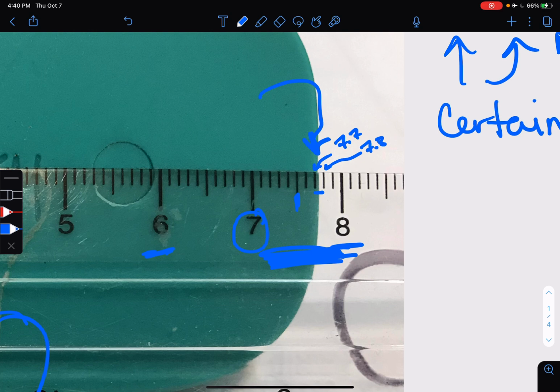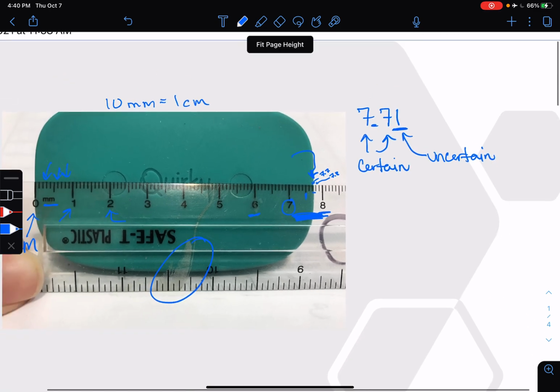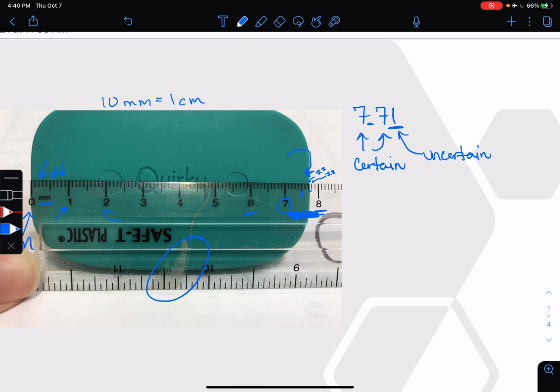And if we don't zoom in on it, if we just leave it as normal, we might look at it and go, oh my goodness, that space in between 7.7 and 7.8 is super small. I can't make it out.